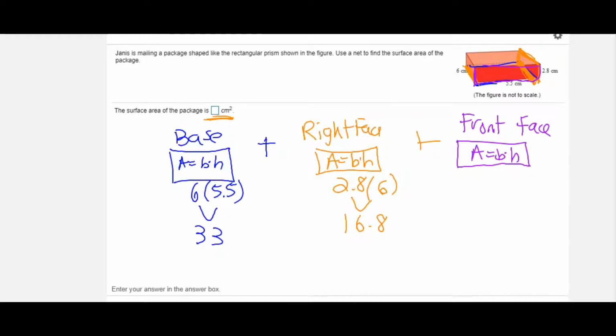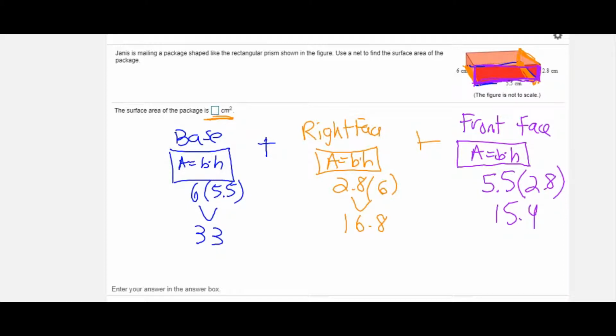What two numbers am I going to substitute into the base and height? You would substitute 5 and 5/10 and 2 and 8/10 centimeters. Once we multiply that, we get 15 and 4/10.